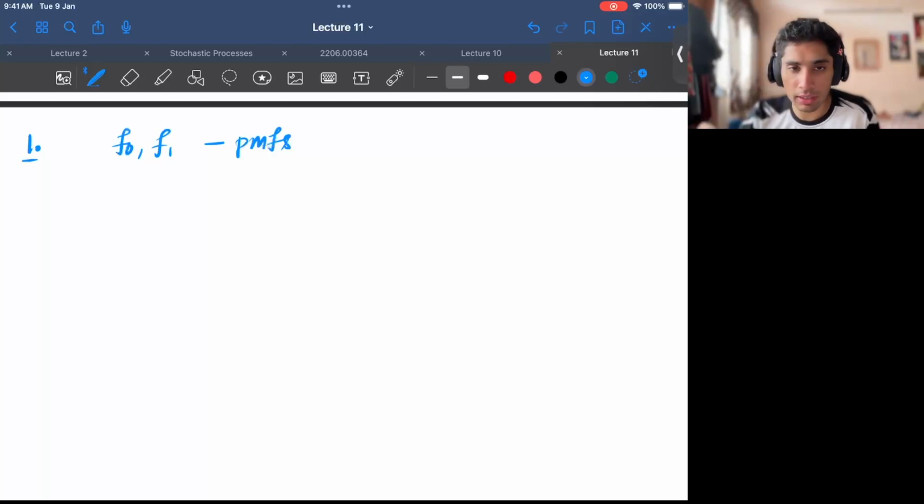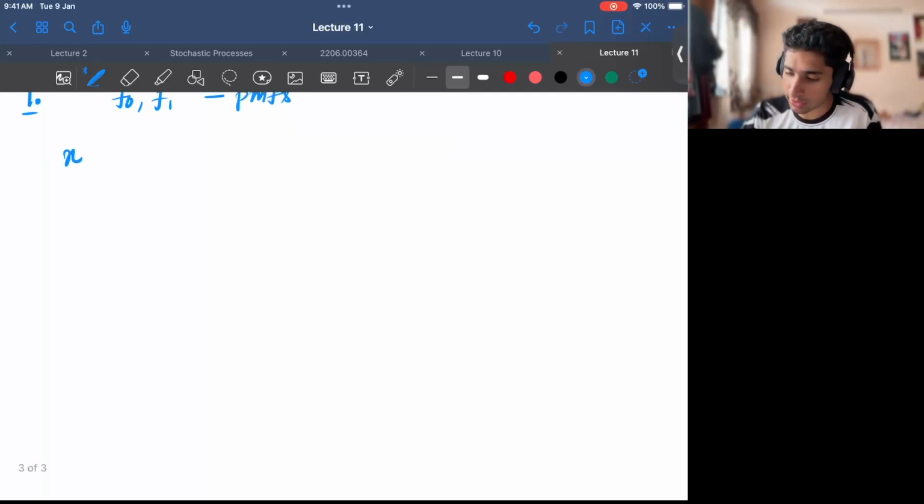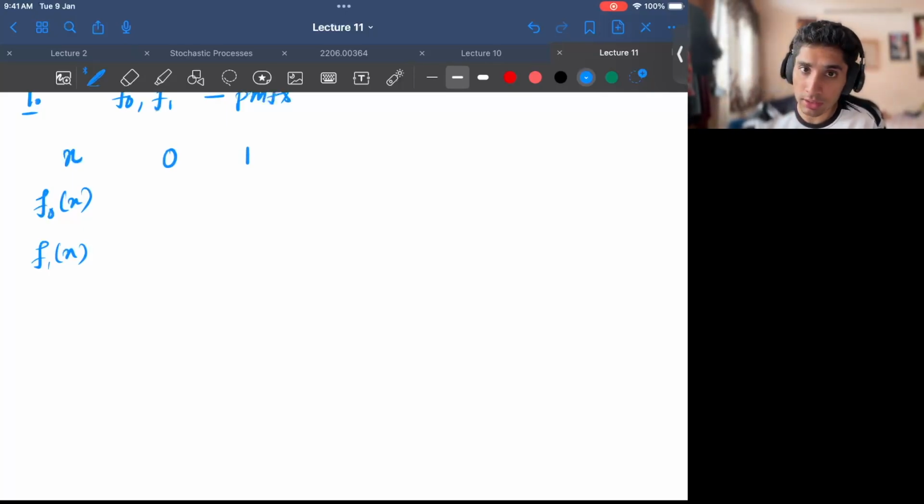So f0 and f1 are two PMFs, probability mass functions, and you are given a table for them. So you have x, f0 of x, and f1 of x. The values are discrete since it's a mass function, so x is 0, 1, 2, 3, 4, 5.